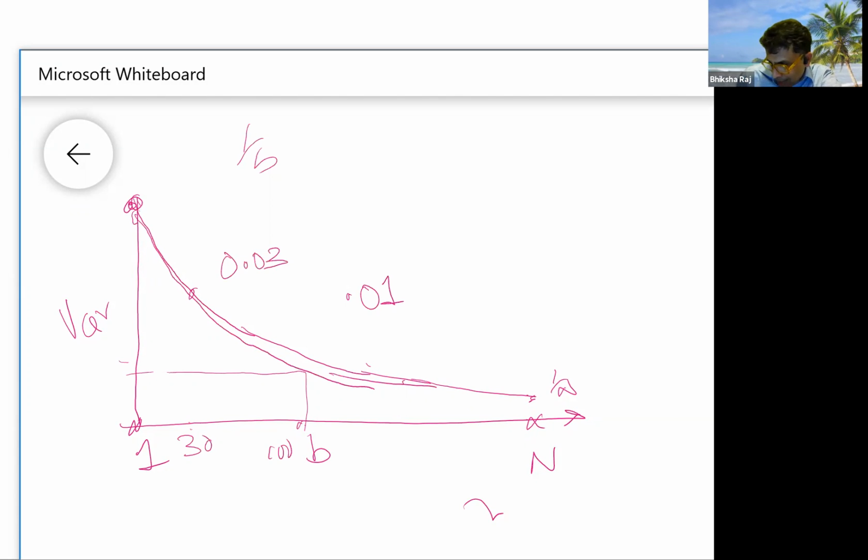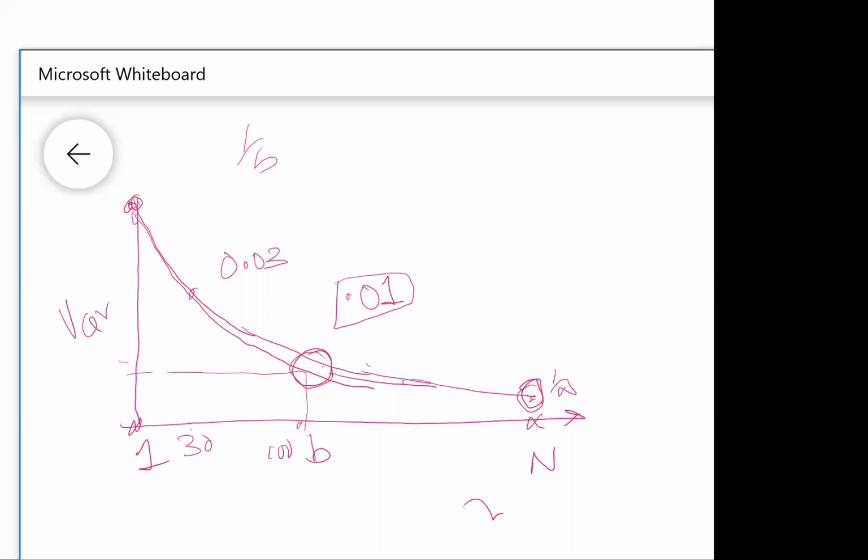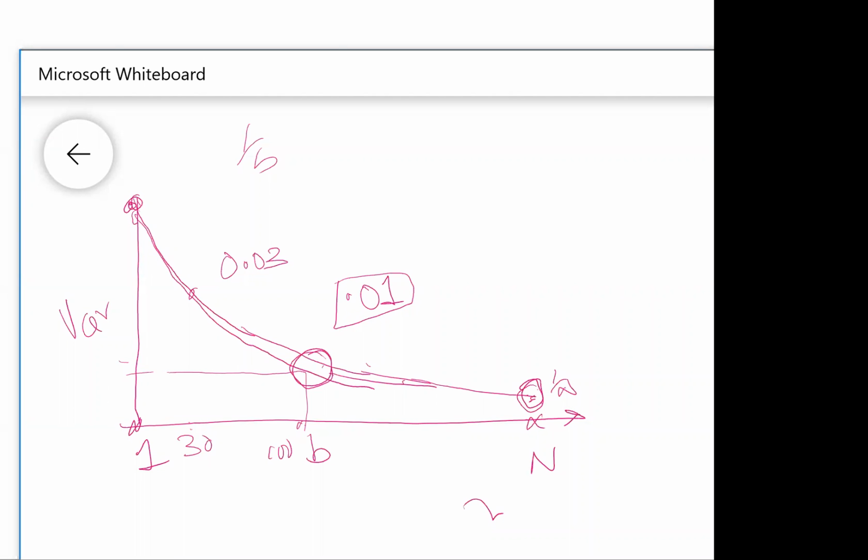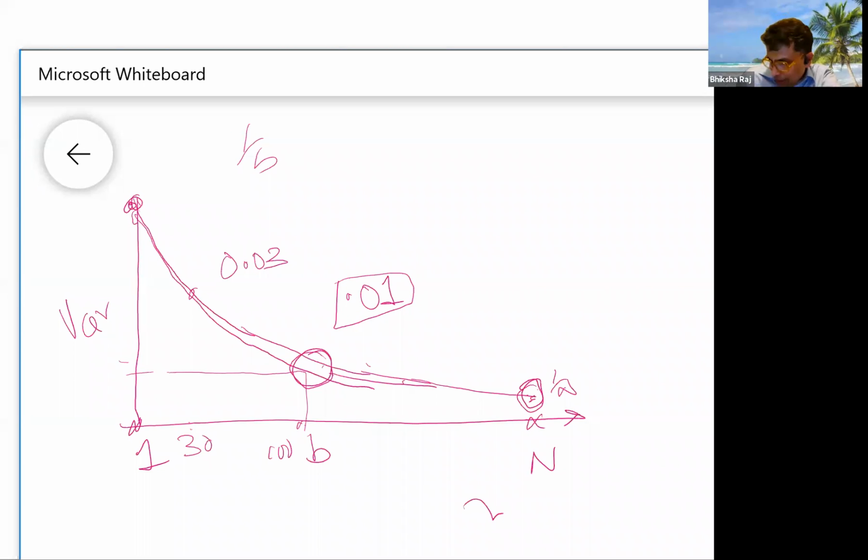So you can see that when you begin working in mini batches, this variance is going to fall very, very rapidly and is going to begin approaching the variance over the entire training set very quickly.